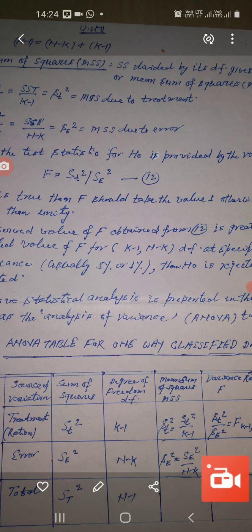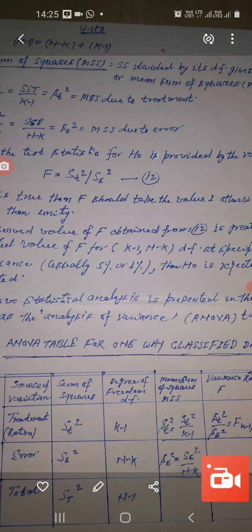By comparing these values with the tabulated values of F for respective degrees of freedom and at a certain level of significance, the null hypothesis for treatments and varieties may be rejected or accepted.